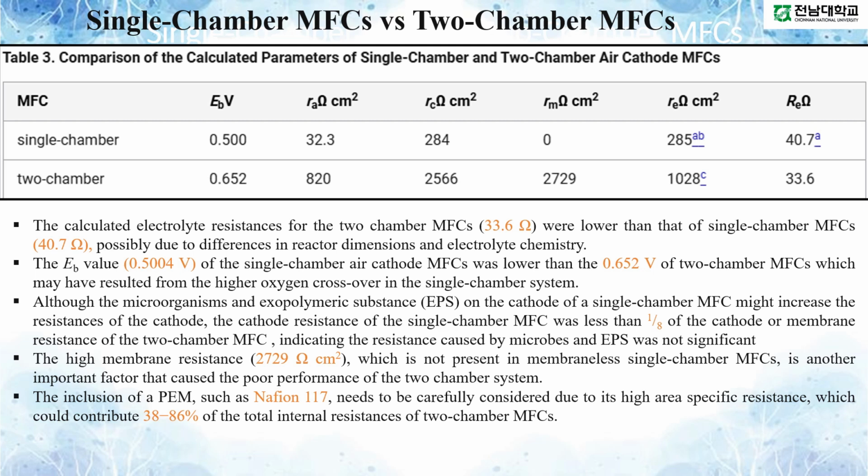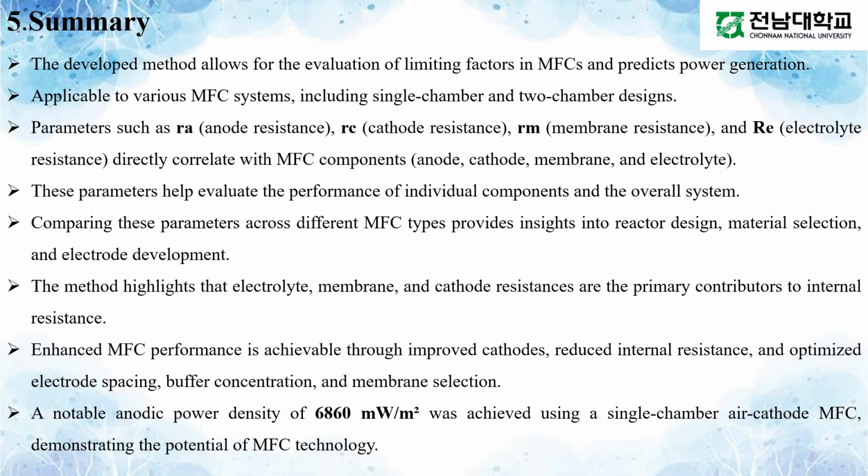The summary of the article is: the developed method allows for the evaluation of limiting factors in microbial fuel cells and predicts power generation. It is applicable to various microbial fuel cell systems, including single-chamber and two-chamber designs.